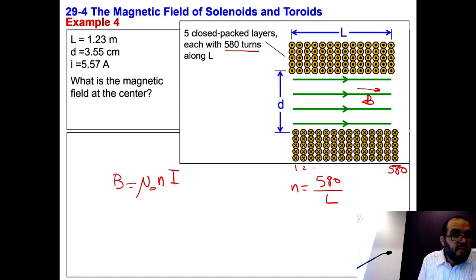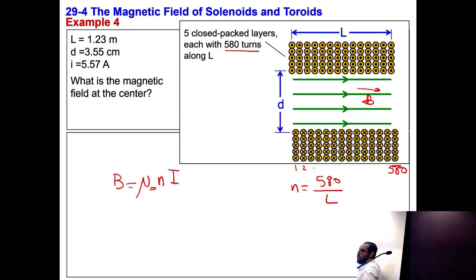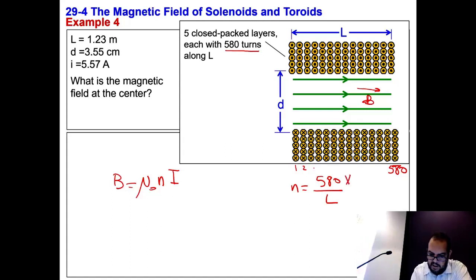Exactly. We have to multiply by 5 because we have 5 layers. So if this is 1, 2, 3, 4, and you want to determine the number of turns per unit length, you have to multiply by 5. We have 5 layers, so we multiply 580 times 5 divided by the length L.